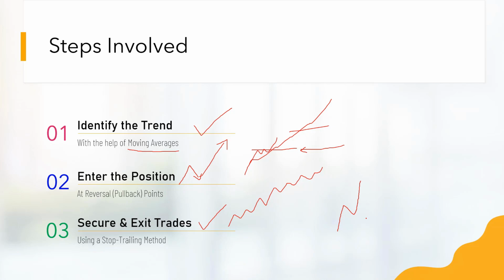You have to be able to travel with the trend as far as possible in order to make a handful of money. So we are going to use an indicator to trail our stop loss to exit our trades, to make as much money as possible in the trade. Now let's go on and see what are all the indicators that we will be using for this beautiful strategy.